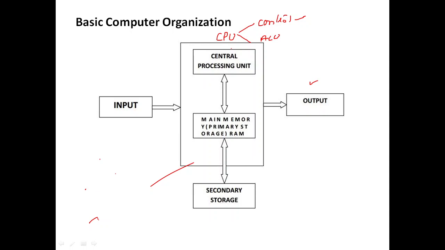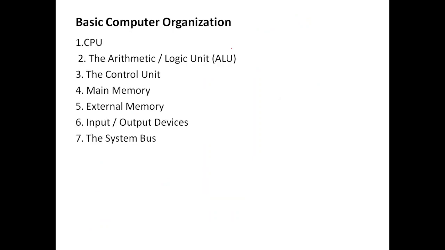It decides which action is to be performed at what time, so that the actions do not collide with each other. That's why I'm very specific in saying that the control unit is very important. So this is the basic computer organization.